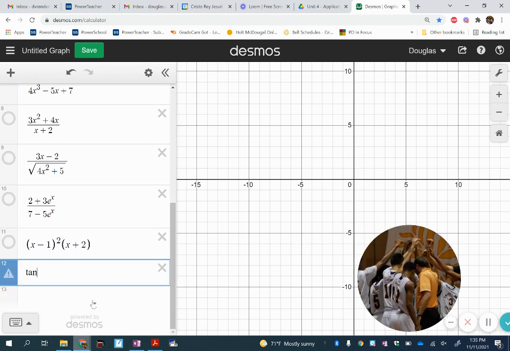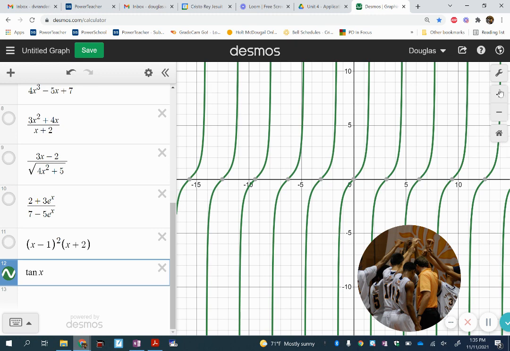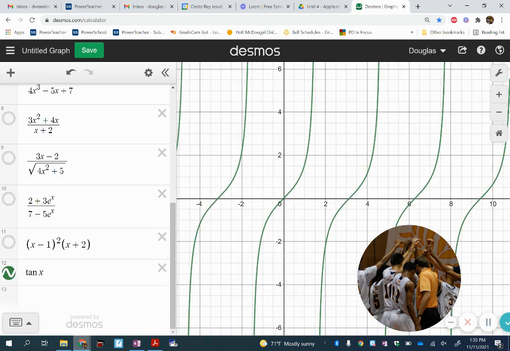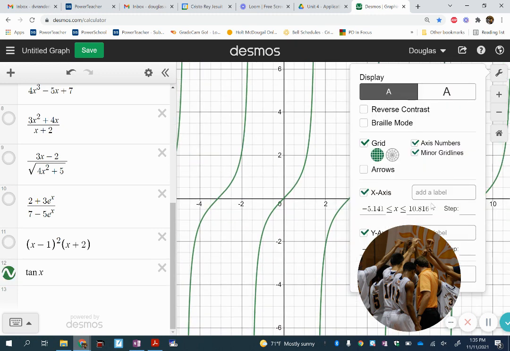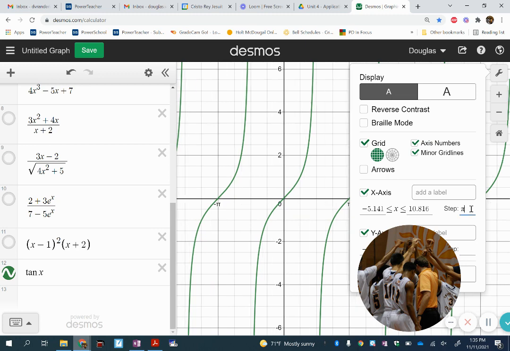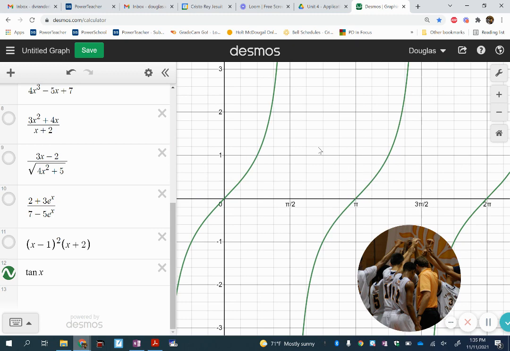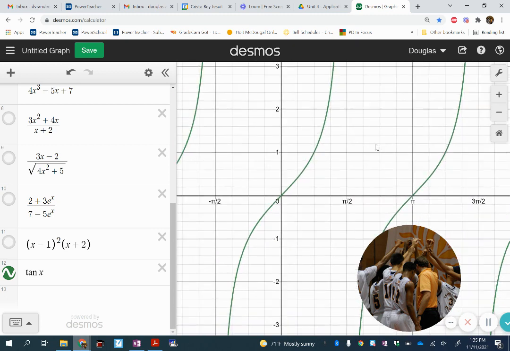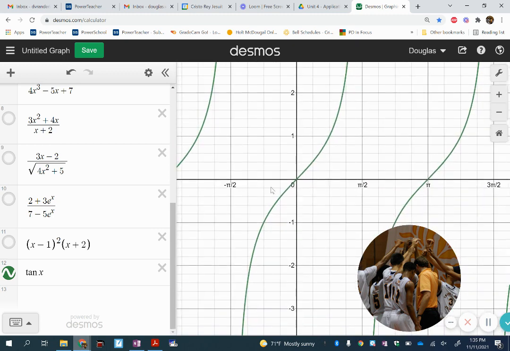So tangent of x, and I just want to focus on values. Let me change this to pi over 2. All right, I want to show you that if you look between negative pi over 2 and pi over 2, the limit as x approaches infinity of tangent is going to be moving towards those vertical asymptotes at pi over 2 and negative pi over 2.